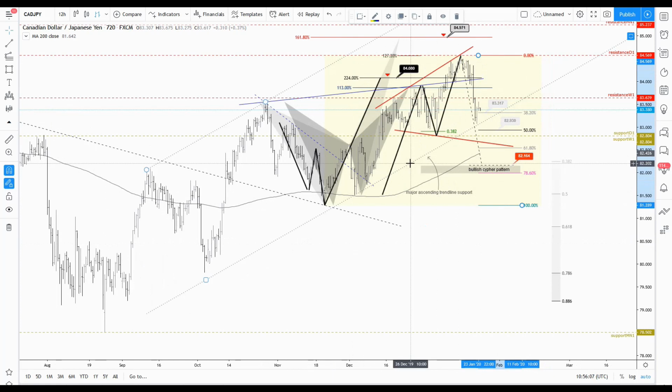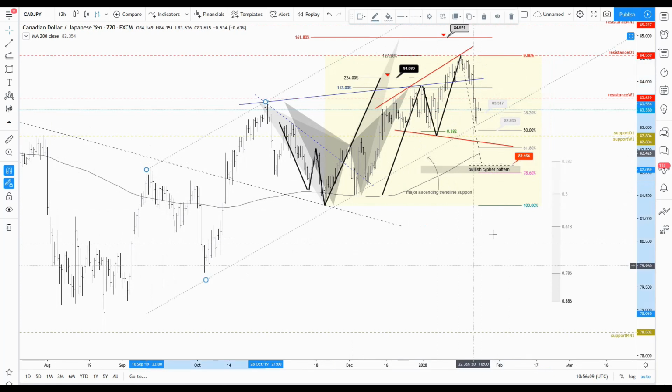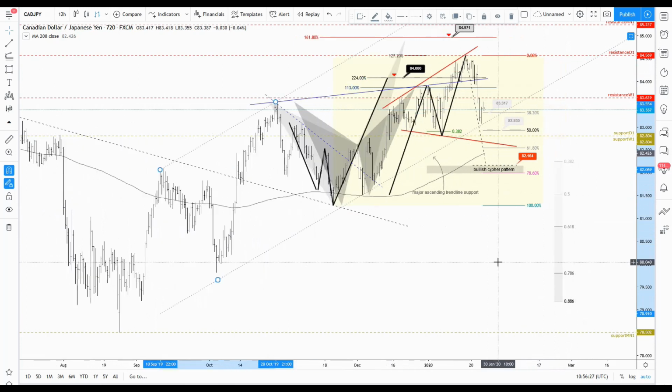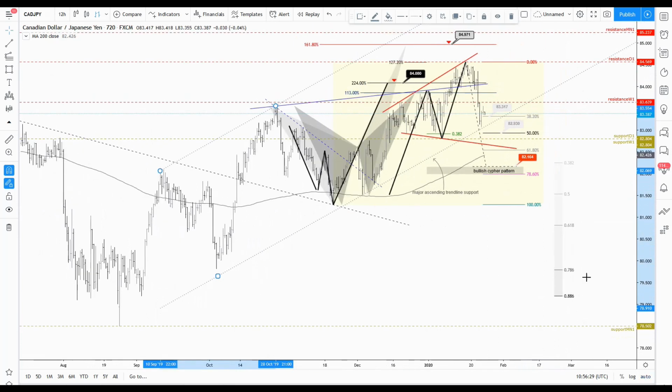If the market violates this major ascending trend line support, that's one of the possibilities, without ignoring, obviously, more bearish momentum for the pair. If the market breaks below this structure, eventually it can try to search for other support levels below and end up ignoring this bullish cipher pattern.